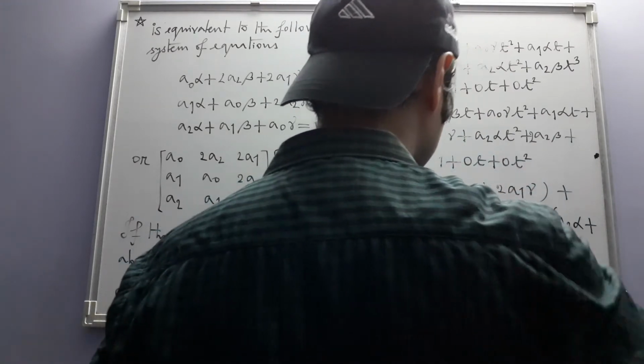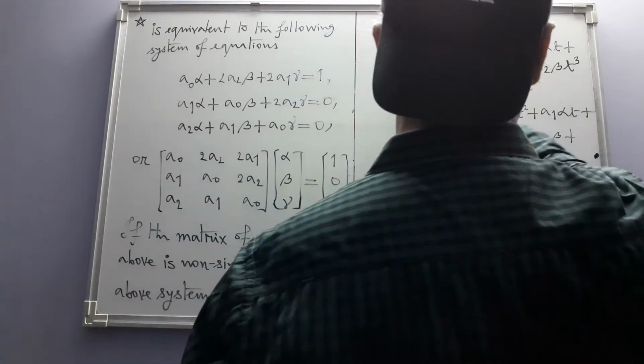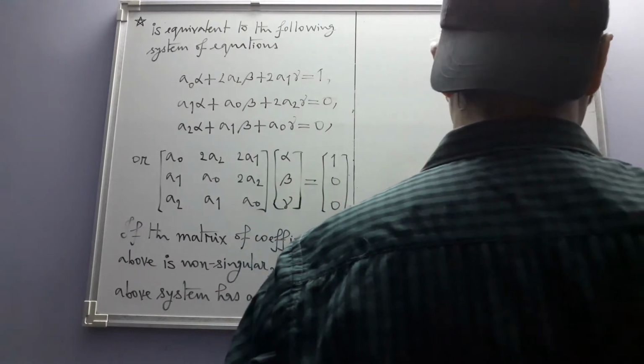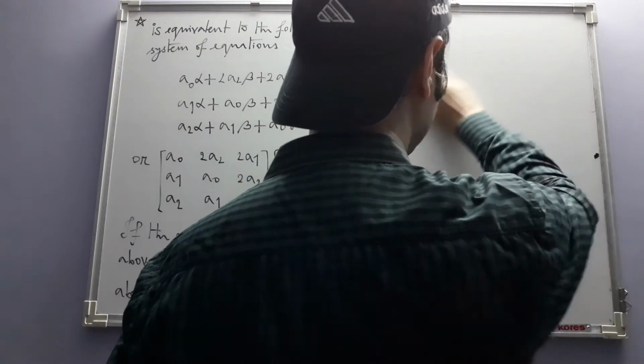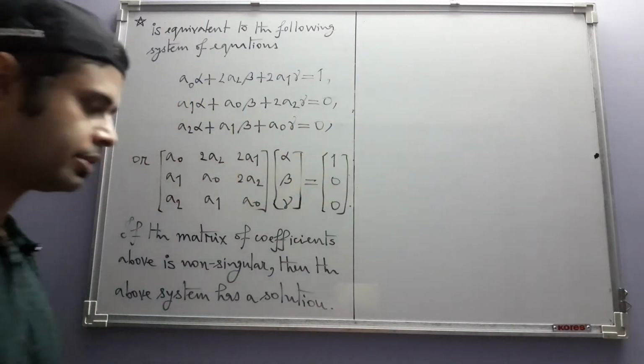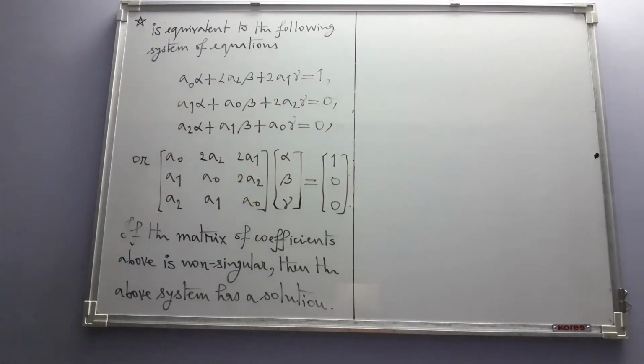We will now show that this matrix is non-singular by calculating its determinant and working with it, showing that the determinant cannot be equal to 0.